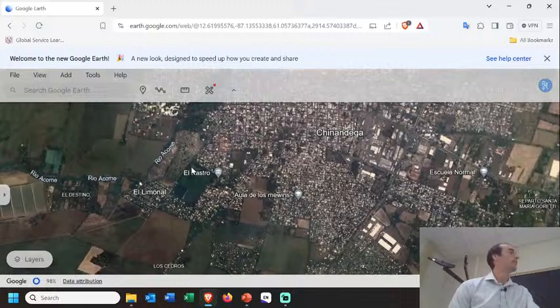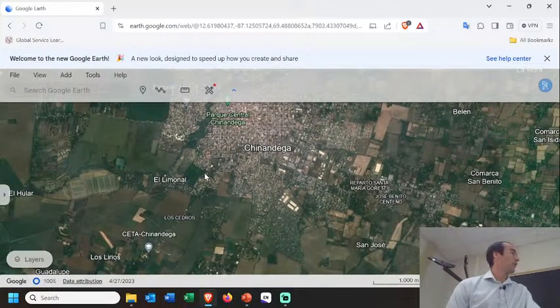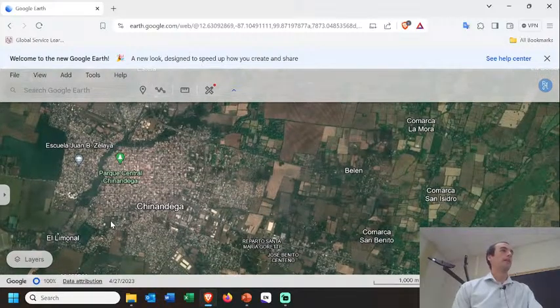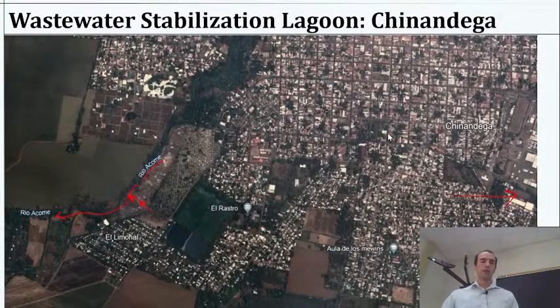So that's the setup. And that's basically taking, as far as I understand, all of the wastewater for Chinandega. I don't know if maybe they have another system somewhere, but I believe that's their wastewater treatment. A lot of places don't have a centralized system.